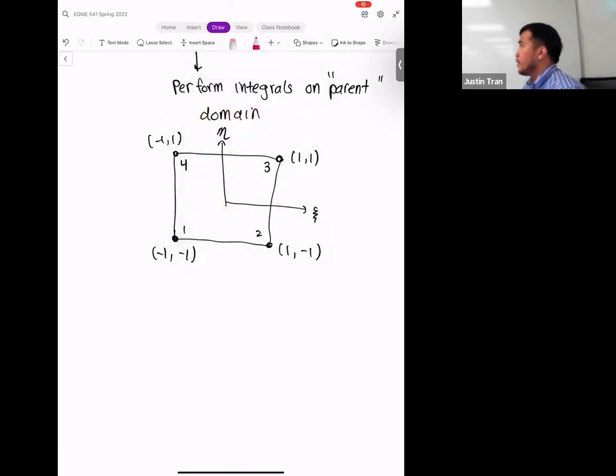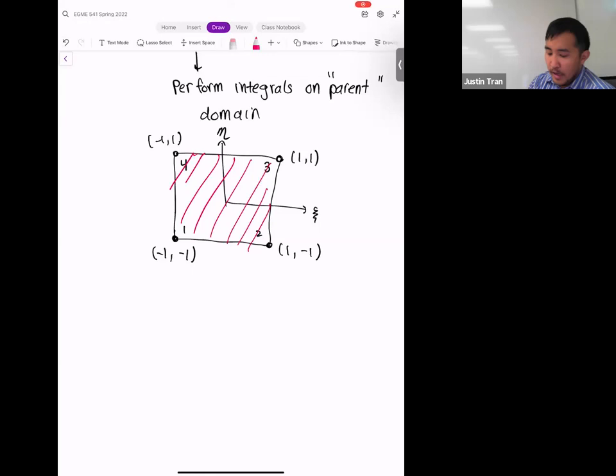For performing integrals, we like this domain in particular because when we're performing integrals for the element stiffness matrix, we're basically integrating across this entire domain. To perform that integral, we would have a double integral, where the x bounds go from -1 to 1, and the y bounds also go from -1 to 1.